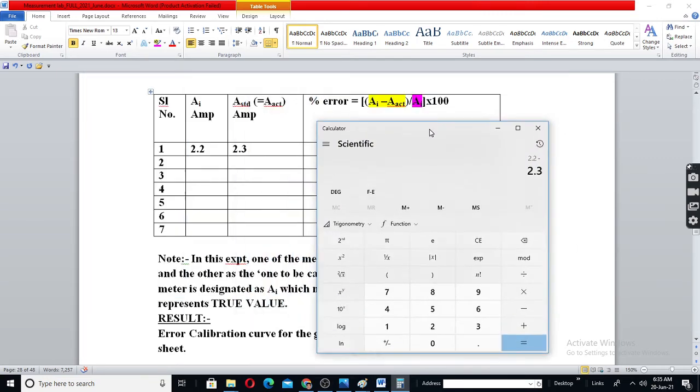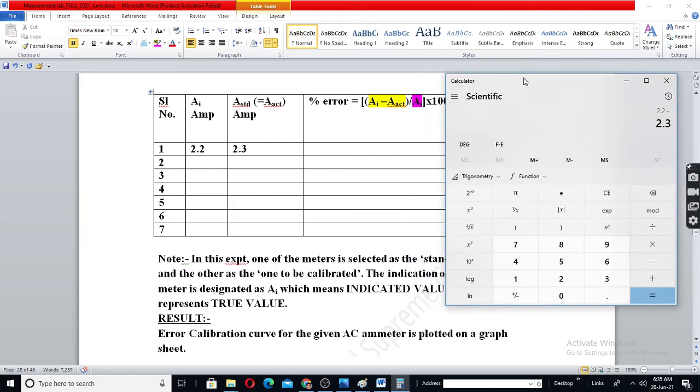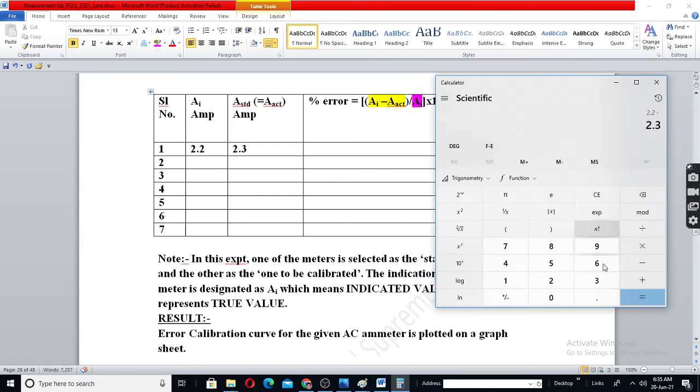A_I minus A_actual gives minus 0.1. Divide by A_I, which is 2.2. You will get the error as 0.045, but the error is minus here.